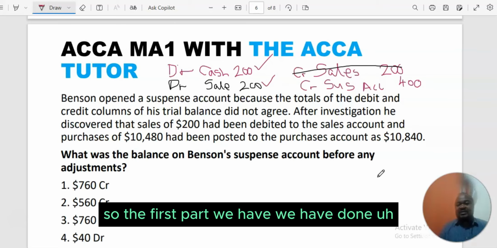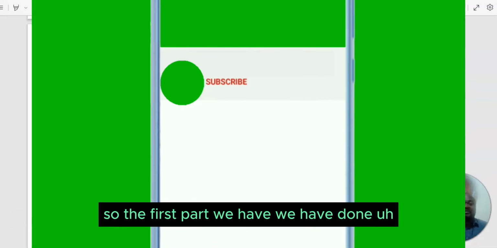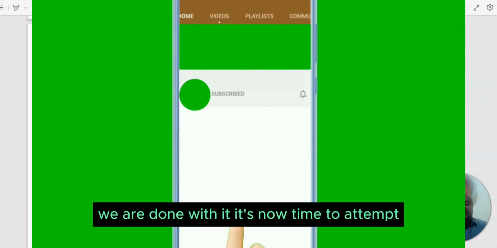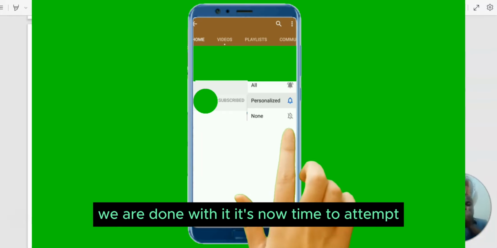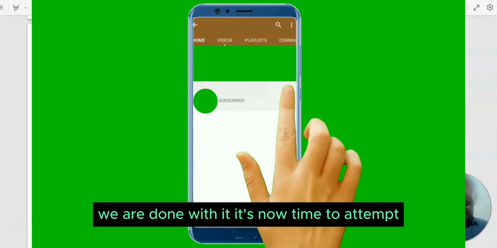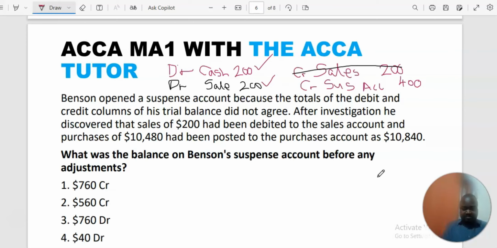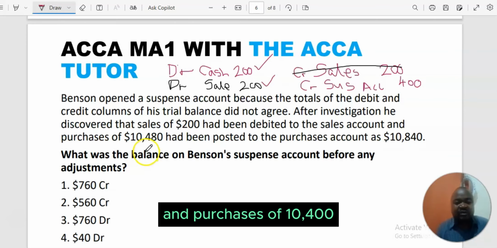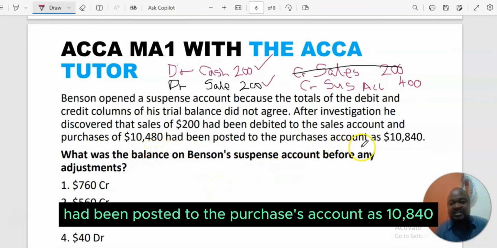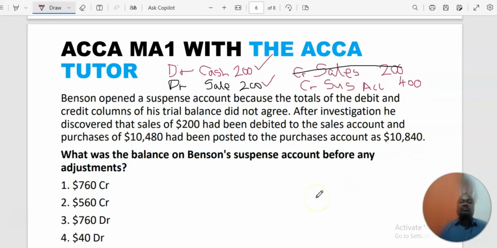Are we together? So the first part we have done. It's now time to attend to the second transaction. Purchases of 10,480 had been posted to the purchases account as 10,840.